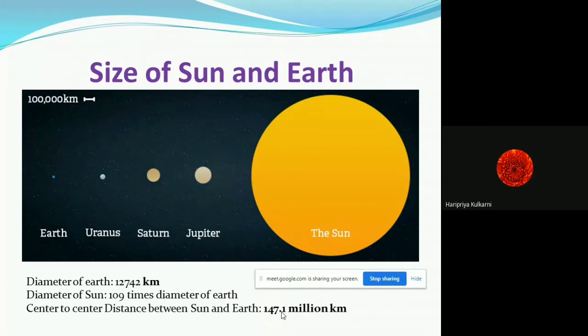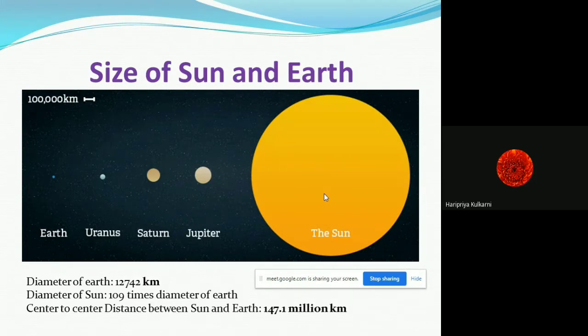Therefore, we are not getting 100% energy from the sun, but many of the solar radiations are diffused, reflected, or absorbed in the distance they travel between the sun and the earth, which is a huge distance. So we get only some part of the energy delivered by the sun, but again it is very huge compared with the size of the earth.